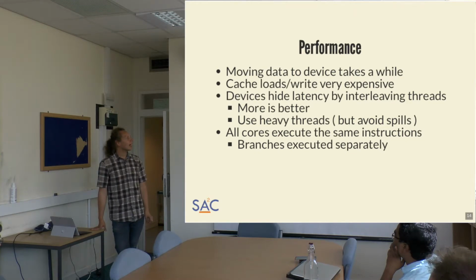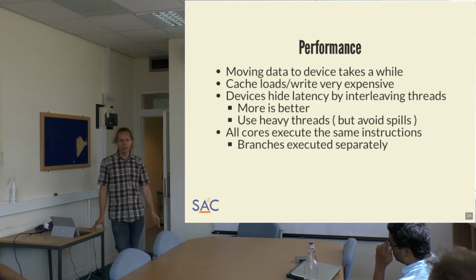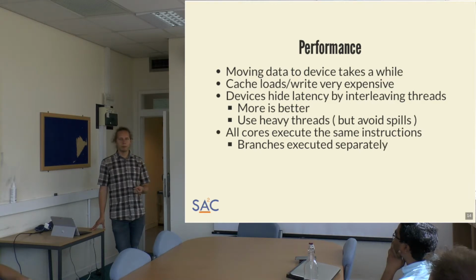Okay, and when you think about that, you need to keep them small enough to avoid spills. So avoid using more memory than you have in the registers, and especially more than you have in the cache. And then, of course, the basic thing: you have to be able to write your program so that every core always does the same instruction.